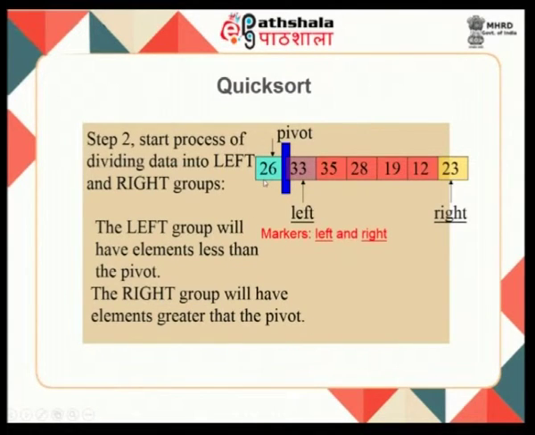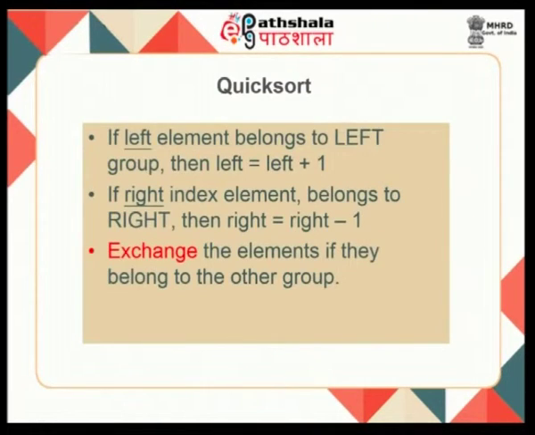So I am taking 26, the first element of the unsorted array, as a pivot. I am putting the pointers left as well as right, such that left will scan the array from left to right and the right pointer will move from right to left looking for the candidates for exchange.